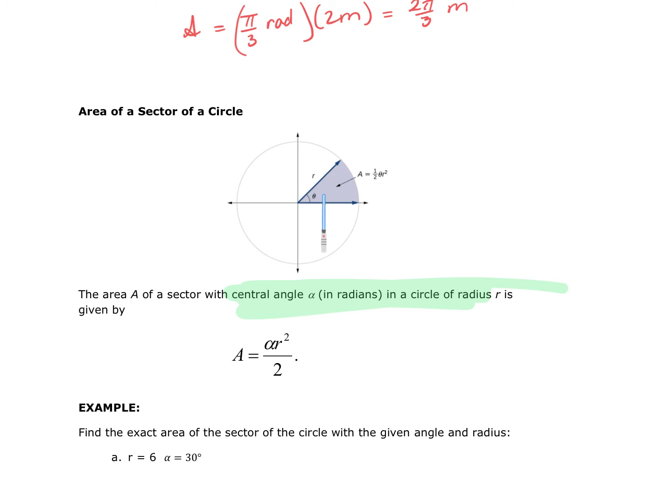The area of the sector, the piece of the pie, the piece of the cake, the top of your piece of pizza, is this equation: 1/2 my angle in radians times r squared, or alpha r squared divided by 2.